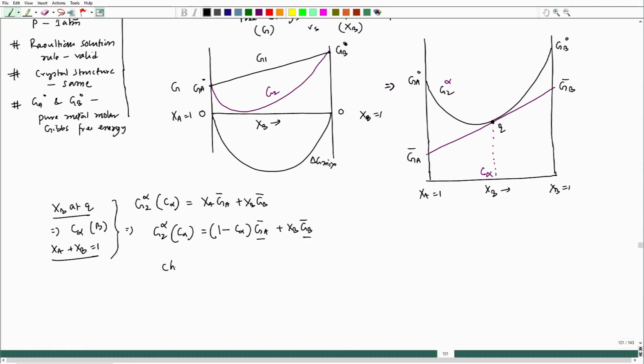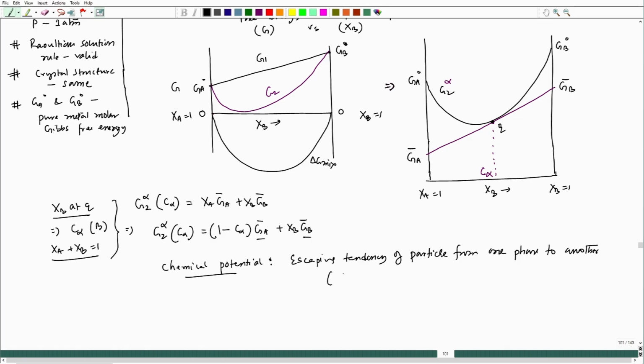Chemical potential is nothing but the escaping tendency of a particle from one phase to another.